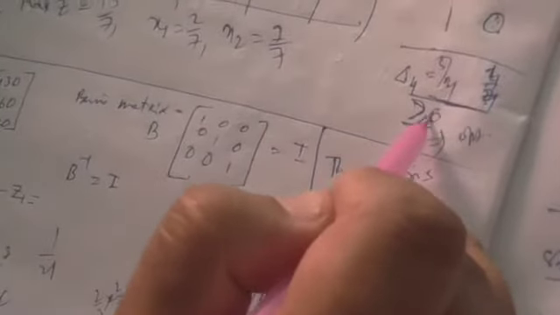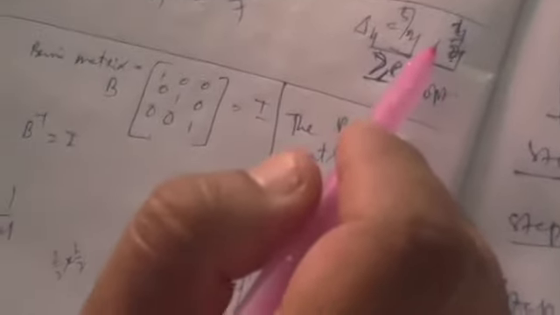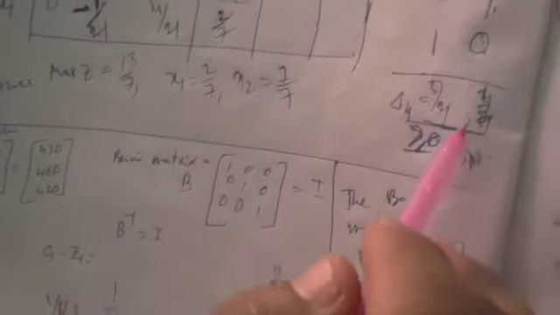Next step, you calculate the delta j's. For those which are not in the basis, they should be greater than or equal to 0. If you calculate, this is 5 by 21 and this will become 4 by 21. Both of them are greater than or equal to 0, and that means the solution is optimum.